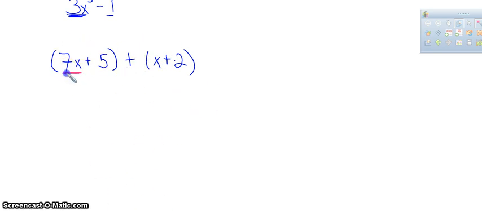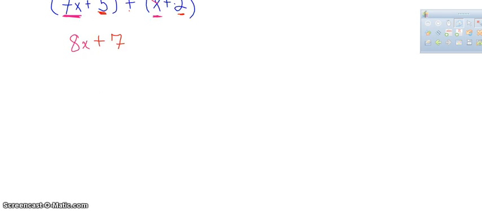I have 7x and 1x, so I put those together and that gives me 8x. Then I add the numbers, 5 plus 2, which gives me plus 7. That's how you add polynomials.